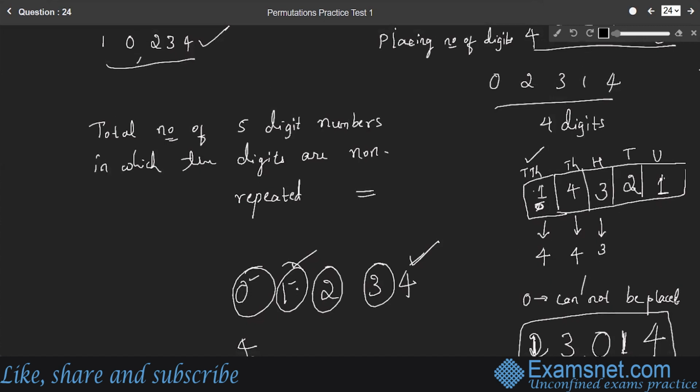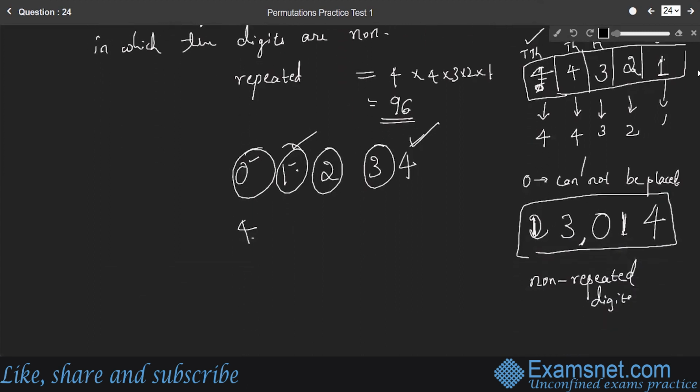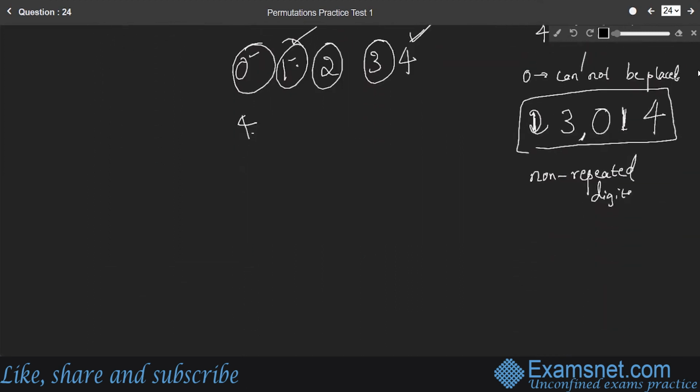Therefore, the number of ways in which a 5-digit number can be formed, in which the digits are non-repeated, is equal to 4 into 4 into 3 into 2 into 1. So you will get 96, right? Therefore, 96 numbers can be formed in which the digits are non-repeated.